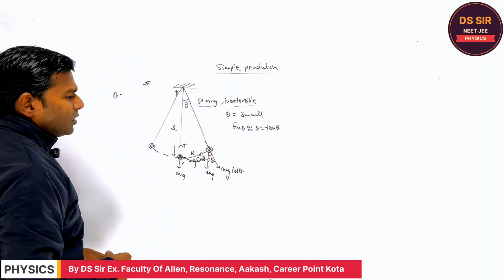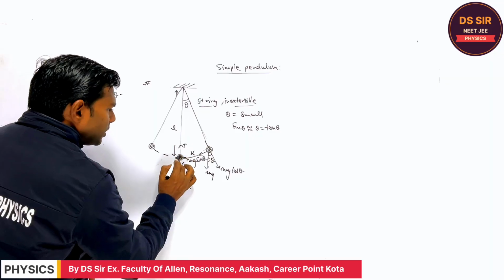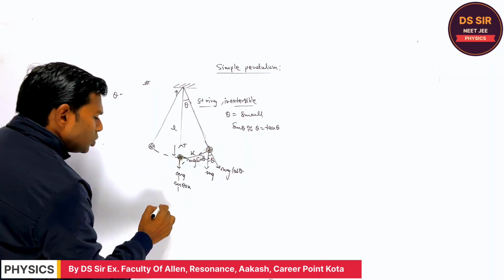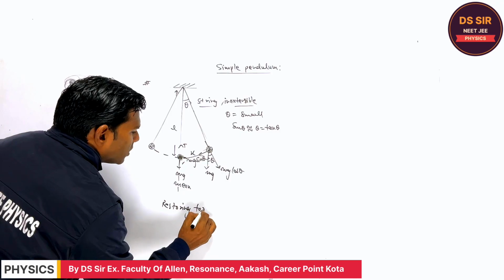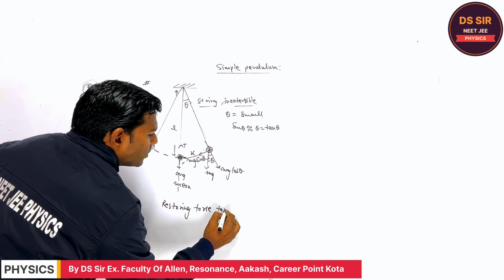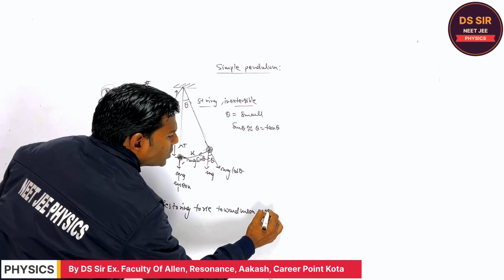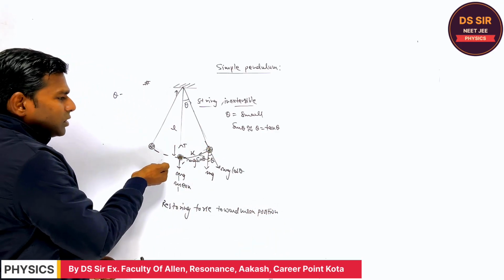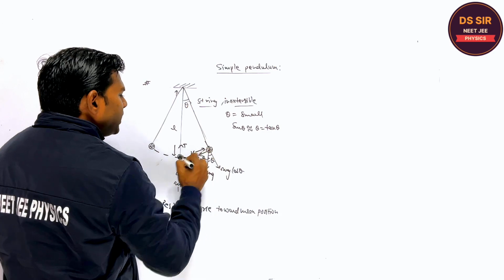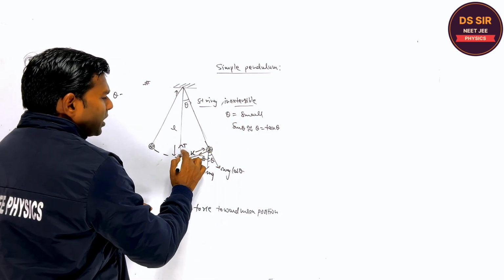So you tell me, this is the mean position or equilibrium position, you can say. So what is the net restoring force towards the mean position? Yes, tell me, what is the restoring force? If you have given the displacement in this direction, this is the x displacement, right?